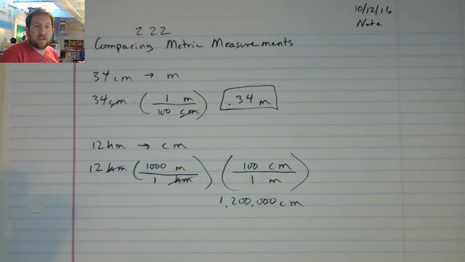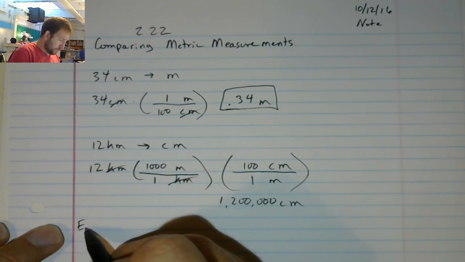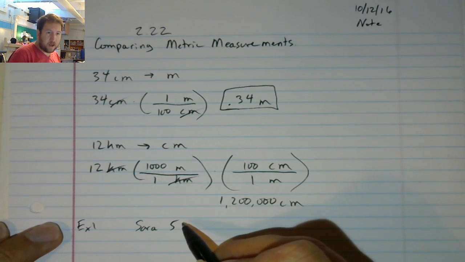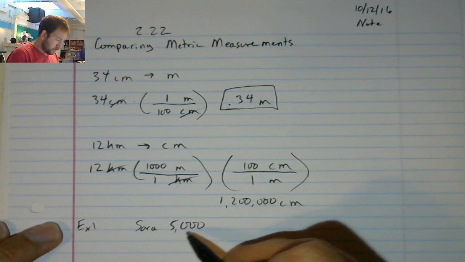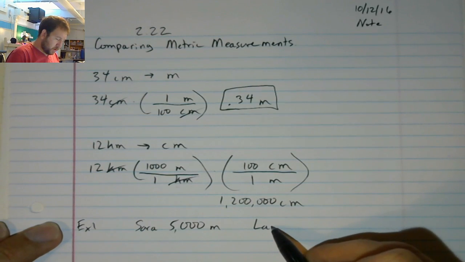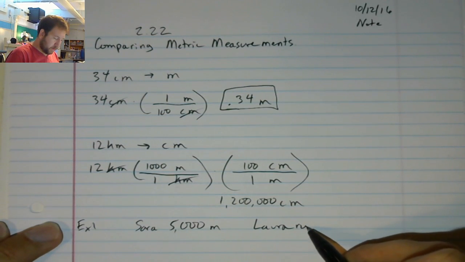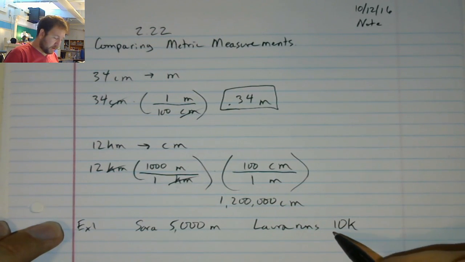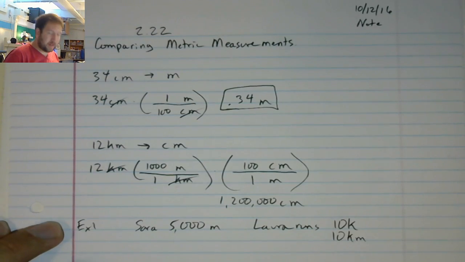This problem, though, this set, we're going to be comparing things instead. So, for example, say we have two people. We have Sarah and Laura. Example 1. Sarah's running 5,000 meters, and Laura runs a 10K. 10K is another way to write 10 kilometers, by the way.